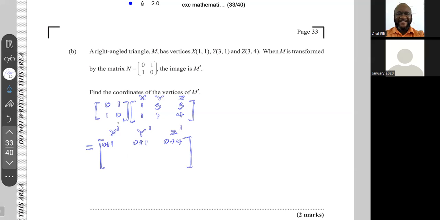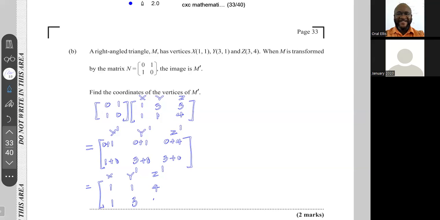Now bottom row: 1 times 1 is 1, 0 times 1 is 0. 1 times 3 is 3, 0 times 1 is 0. 1 times 3 is 3, 0 times 4 is 0. So this is x prime 1, 1, y prime 1, 3, and z prime is 4, 3.